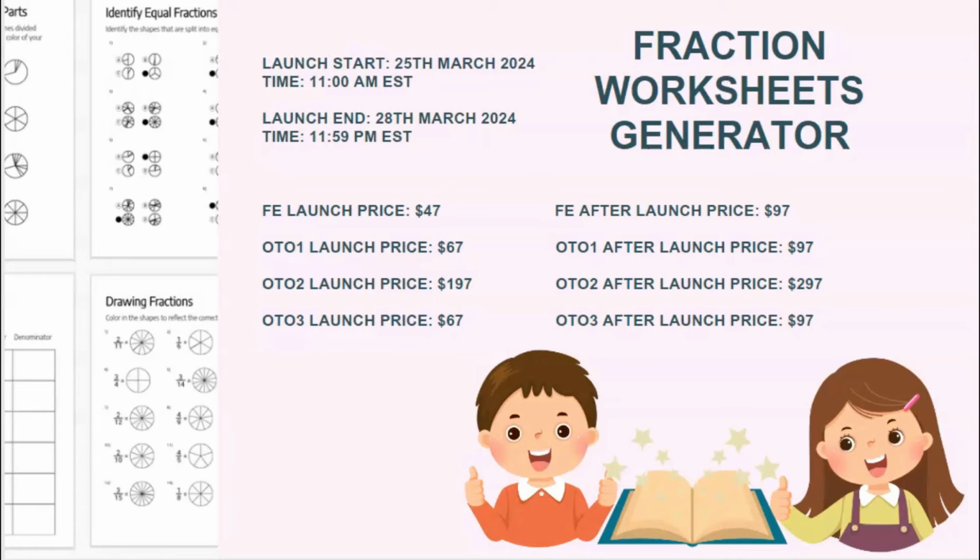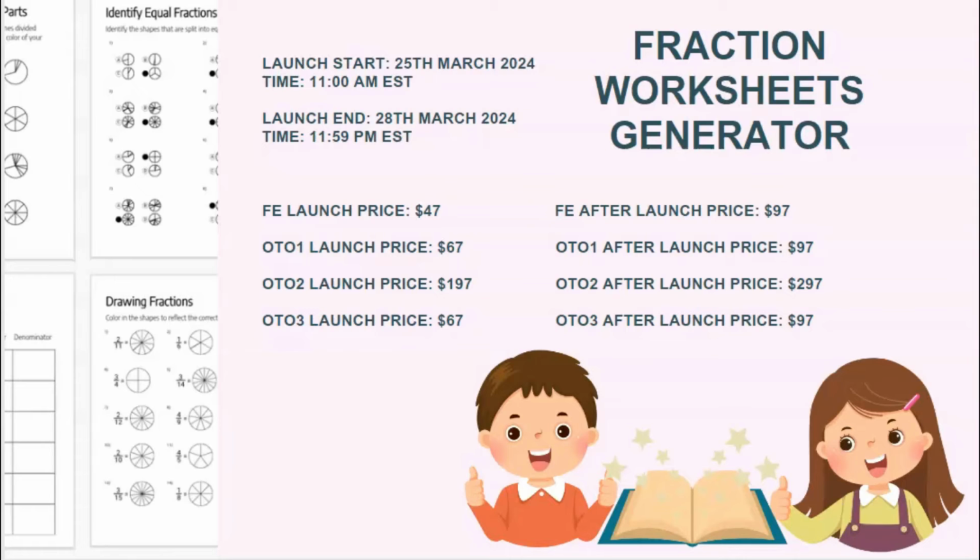There are lots of other things that just make the functionality of this app so much better. So if you wanted to have a little bit more power to this app, then you can get the first upgrade, and that is $67 during the launch. And after the launch, it goes up to $97. So the front end and the first upgrade alone is a really powerful tool to create excellent fraction worksheets.